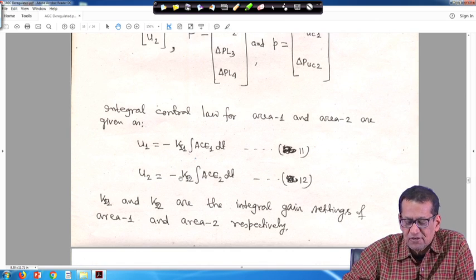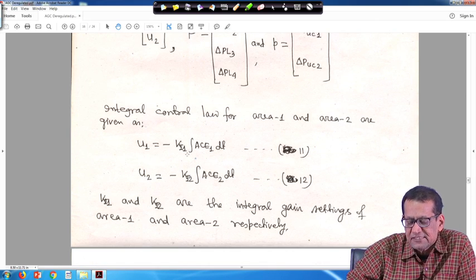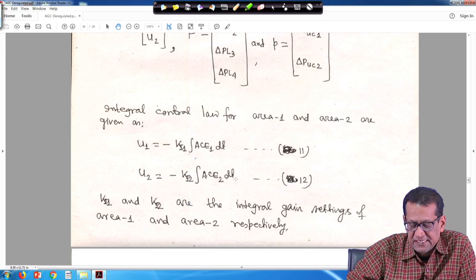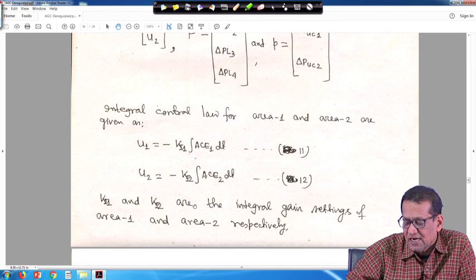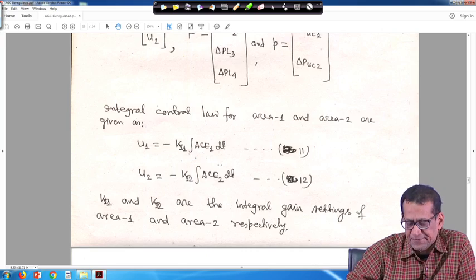And the integral control law, I told you, u1 will be minus ki1 integral of ACE1 dt and u2 will be minus ki2 integral of ACE2 dt. ki1 and ki2 are the integral gain settings of area 1 and area 2 respectively, right.